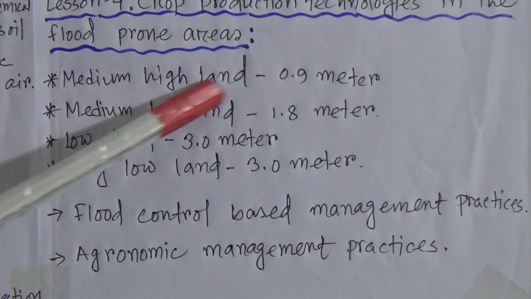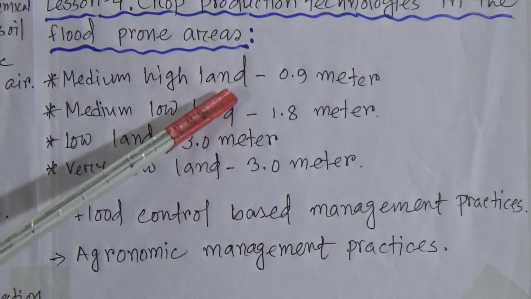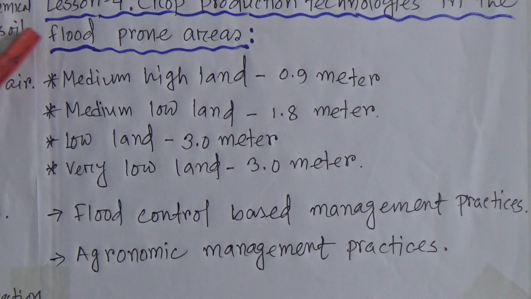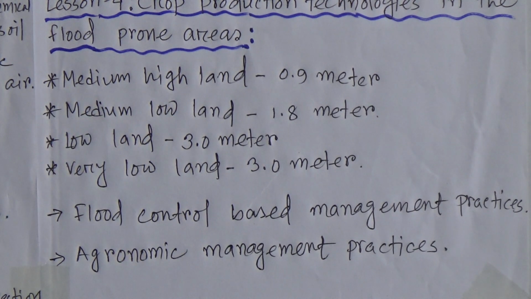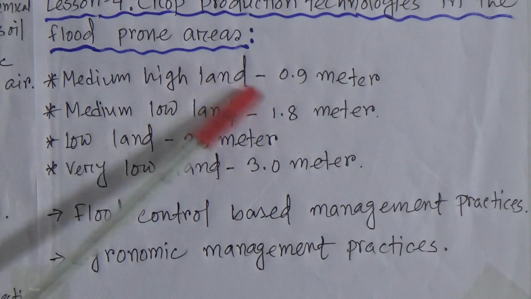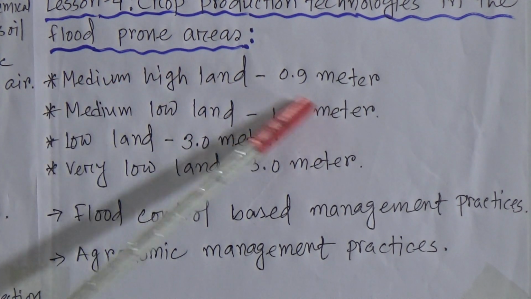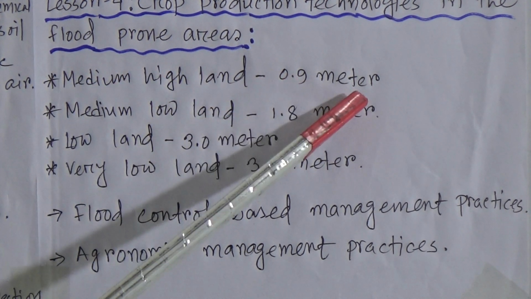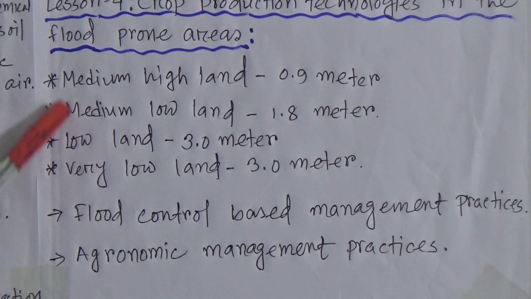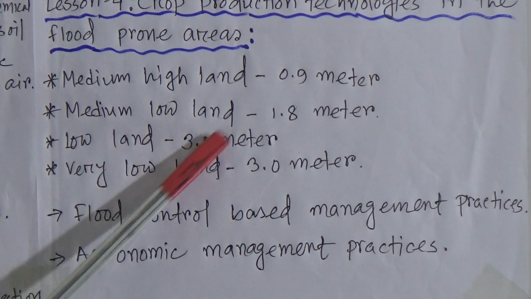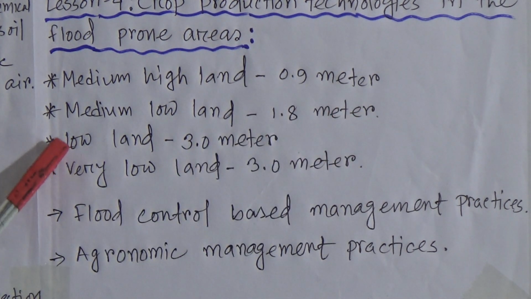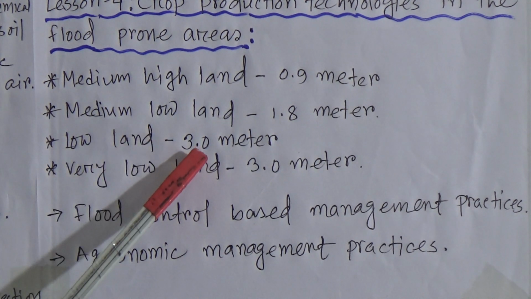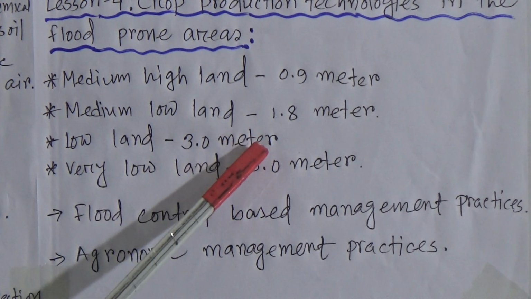For the case of medium highland, the water of flood reaches up to 0.9 meter. So farmers should cultivate such kinds of crops which will not be affected if the water level reaches 0.9 meter. And for the medium low land, it reaches up to 1.8 meter. And for the low land, it reaches up to 3.0 meter.